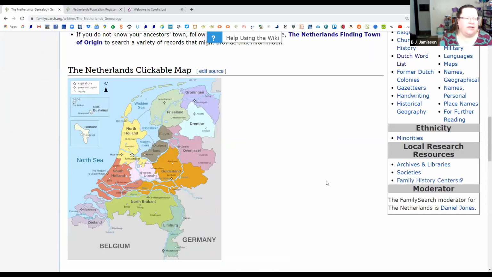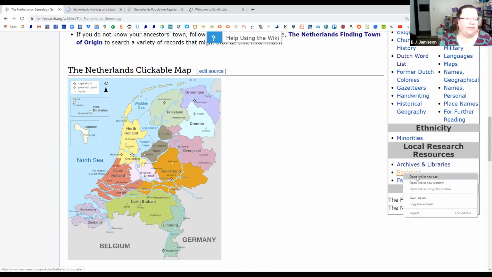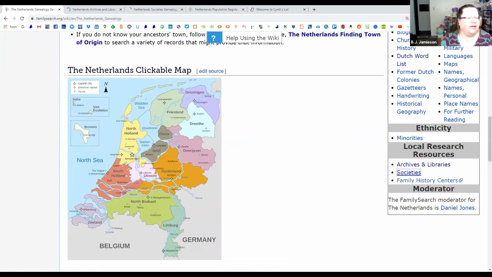The other nice thing is they do list archives and societies, and this is probably someone who, you know, is affiliated with the family. The moderators for this tend to be people affiliated with the Family History Library, but it does show you that somebody is looking over this to make sure that people don't make malicious changes.